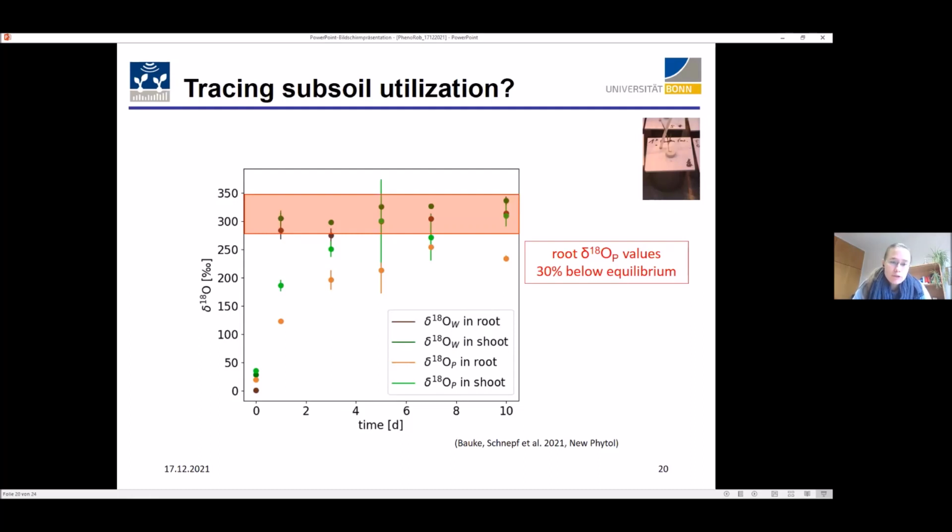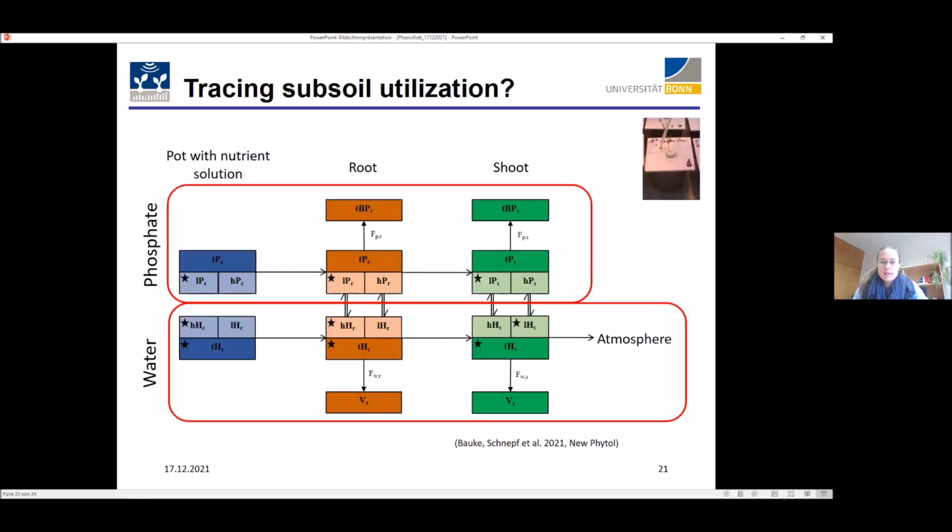To get a somewhat better idea of what is happening there and where these 30% are coming from, we then built a model together with Andreas Schneff, and this model was supposed to replicate the experiment that we were doing. I do not want to go too much into the details of this model, but what I would like to highlight is that we did allow for oxygen isotope exchange both in the root and in the shoot, and we also had to allow for back transport of phosphate that was recycled in the shoot via phloem transport back into the root.